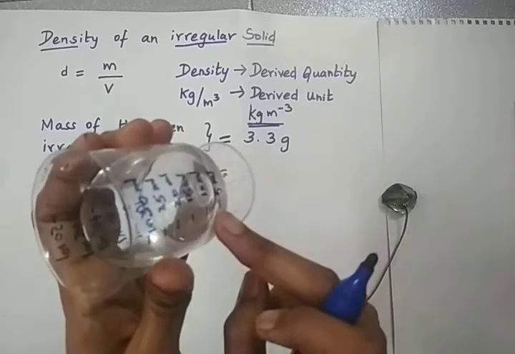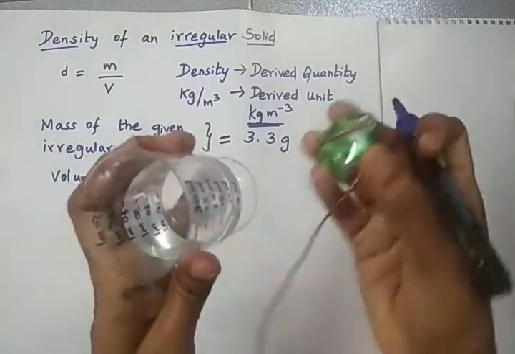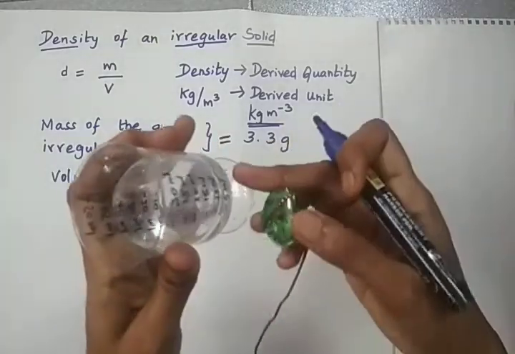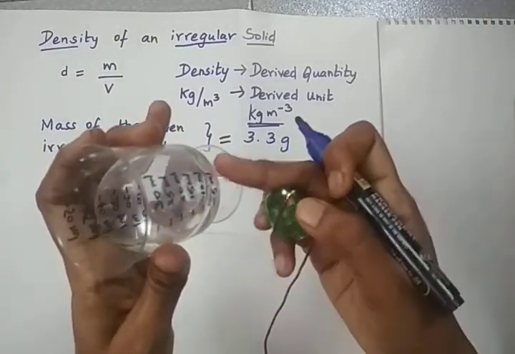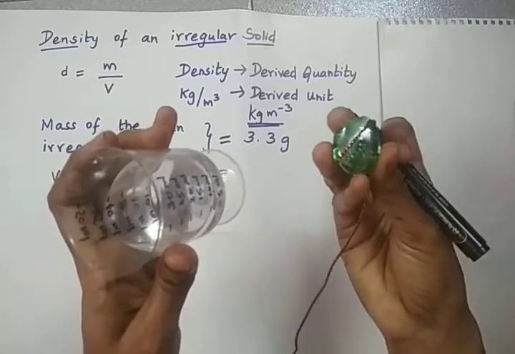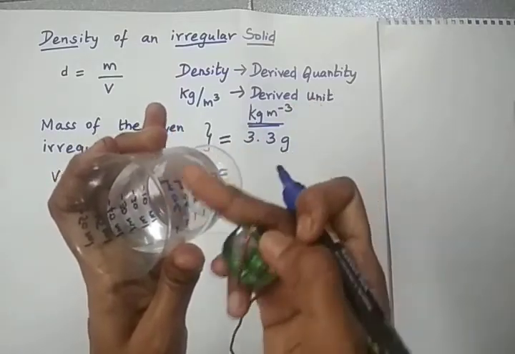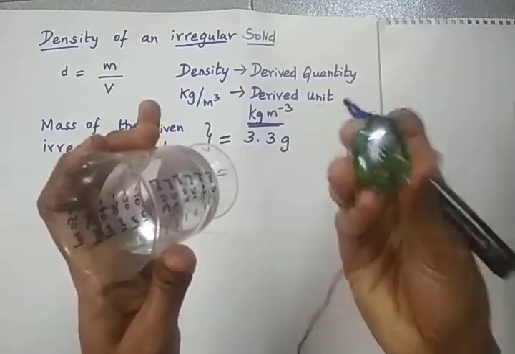We know that it is graduated. So this will occupy space, and as you immerse it by tying it with a thread, you can definitely expect an increase in the volume, as this pebble will displace a certain amount of volume which is equal to the volume of this stone.